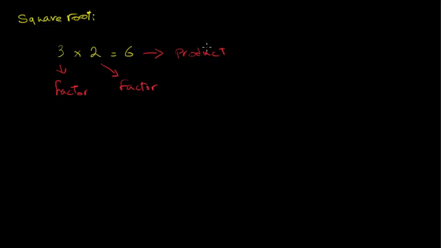Factors are the numbers you multiply together to get another number. Let's say we have 2 times 4 equals 8. The factors of 8 are 4 and 2, because if we multiply them, then you get 8. However, these 2 and 4 are not the only factors.